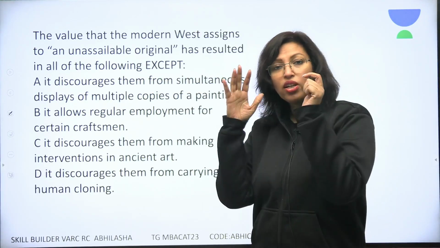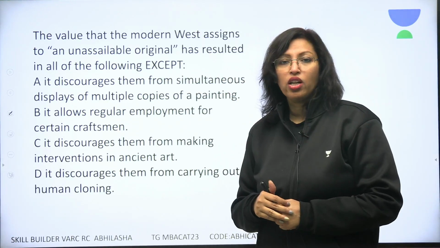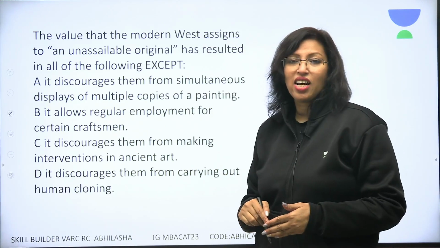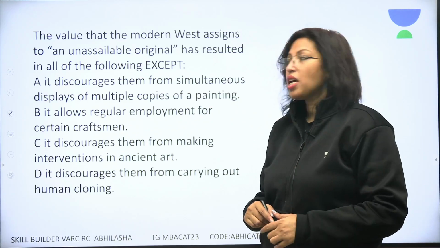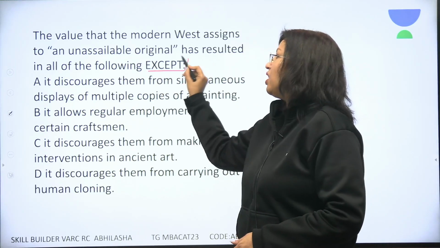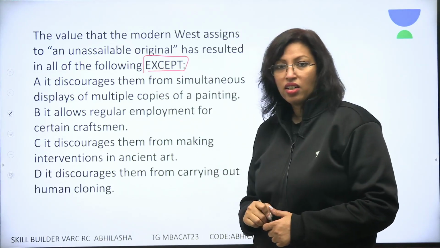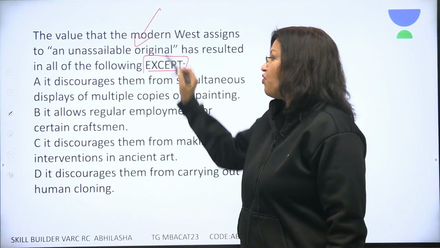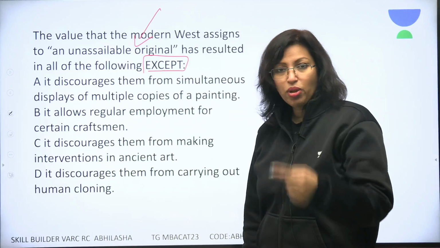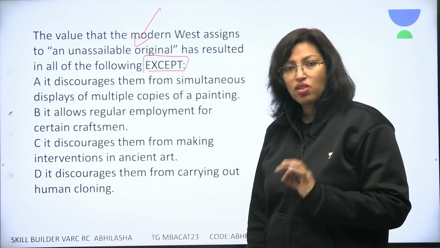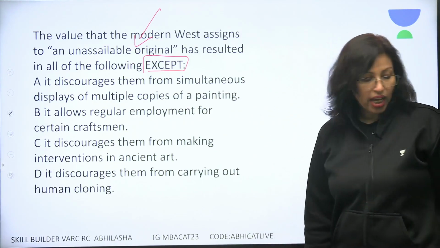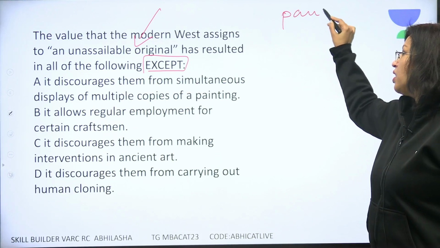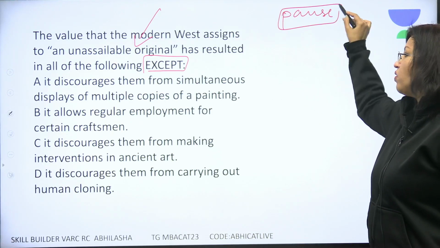So because you are saying there is only one original, that has resulted in many things. So what all it has resulted in, you will eliminate those and whatever will remain will be the except answer. Okay, so anything that comes from this concept of one original has to be eliminated and then whatever remains will be the correct answer. So again, I will say pause your question here. Take a minute, read it and then we will try and solve it.